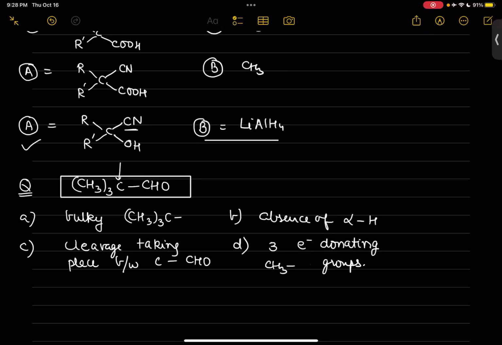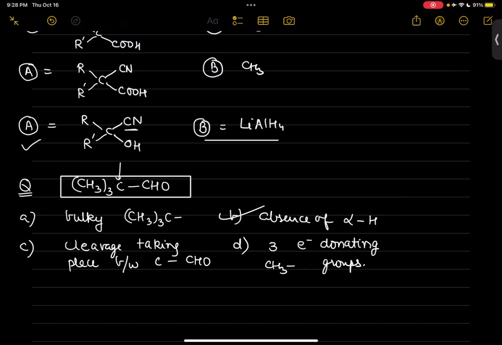So this is the compound. Why it doesn't give aldol condensation? Okay, that was the question. Why this compound doesn't give aldol condensation reaction? So what should be the answer? It doesn't possess any alpha hydrogen.